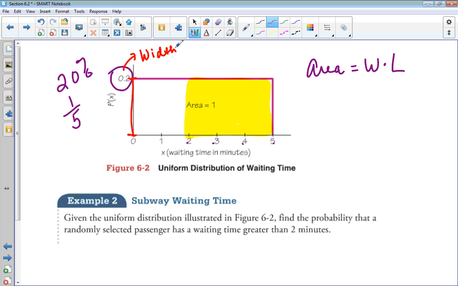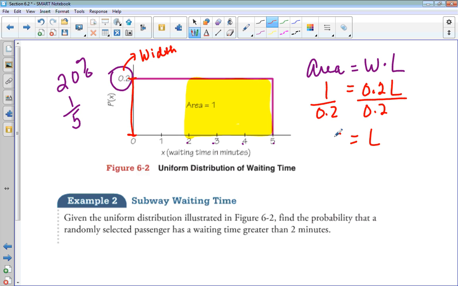Because I know my area has to be 1, that means 0.2, which is my width, times L has to equal 1. We know from algebra class that dividing by 0.2 is going to give me my length. Of course, I can just go into the calculator and make that division, and know that 1 divided by 0.2 is 5.